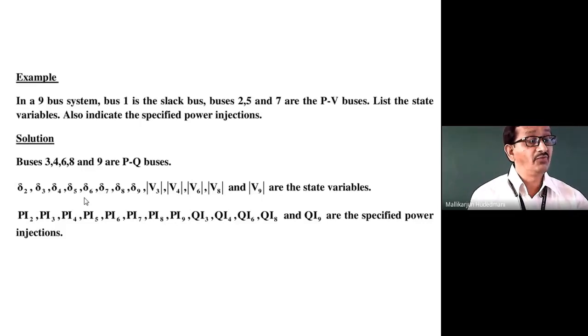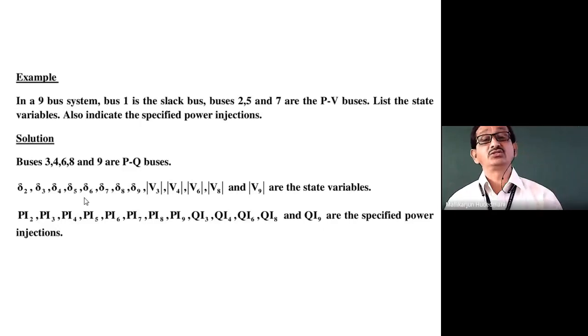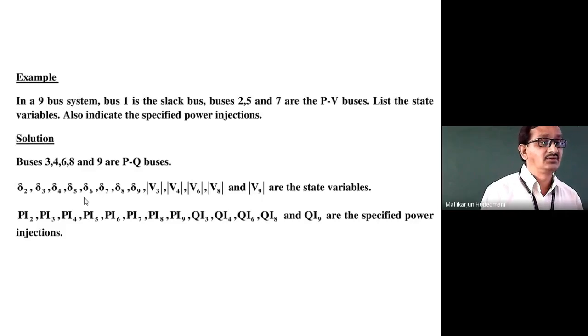Delta 4, P4. You check into that: P2, P3, P4, P5, P6, P7, P8, P9. All those 8 variables you must touch. 8 times you are solving active power equations with the proper subscript. The P equation has to be touched 8 times.